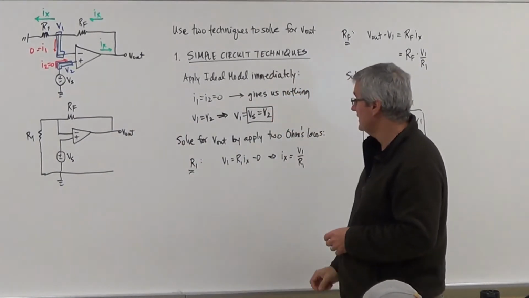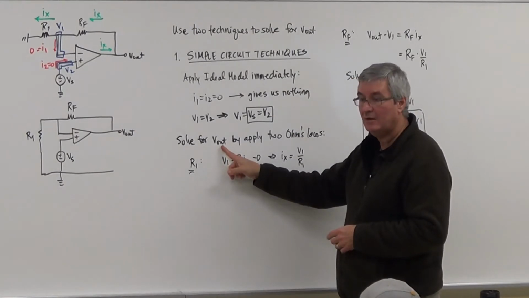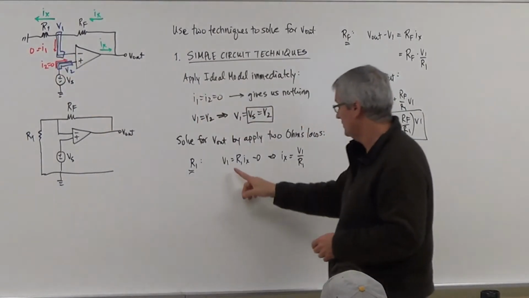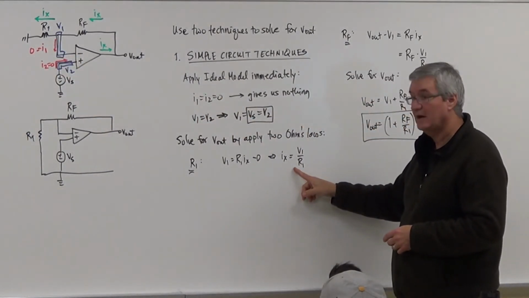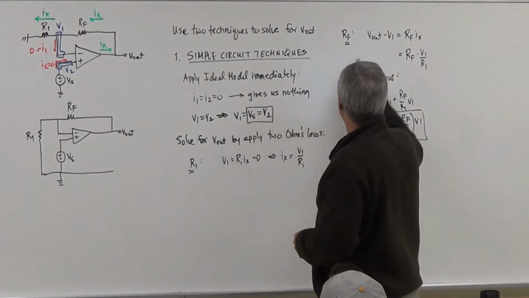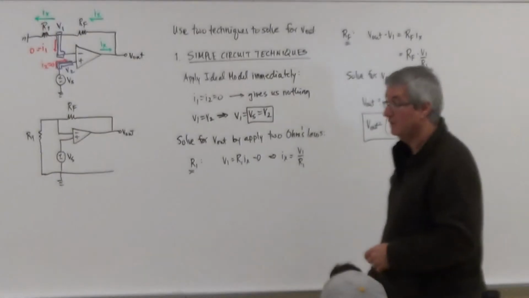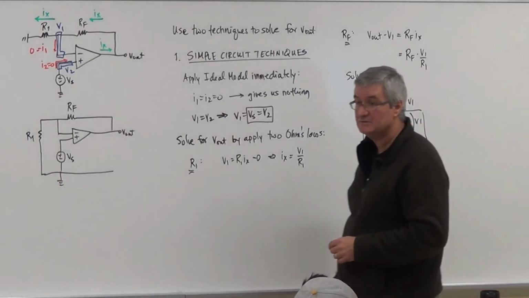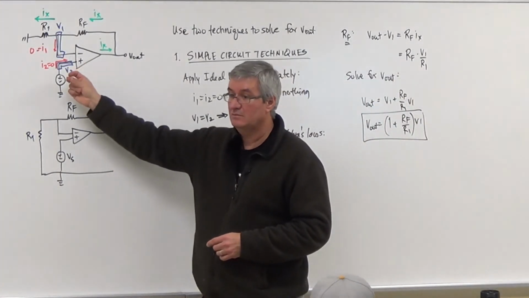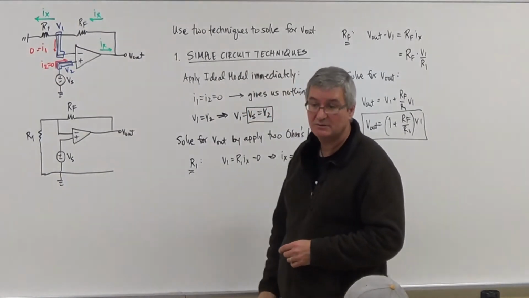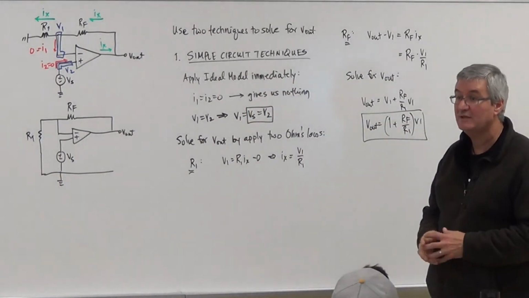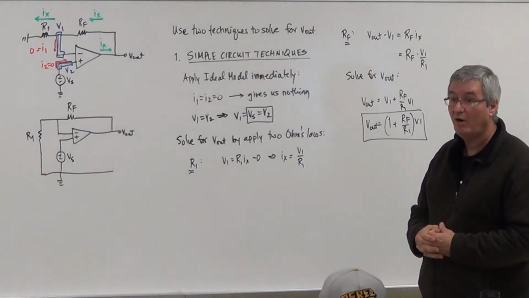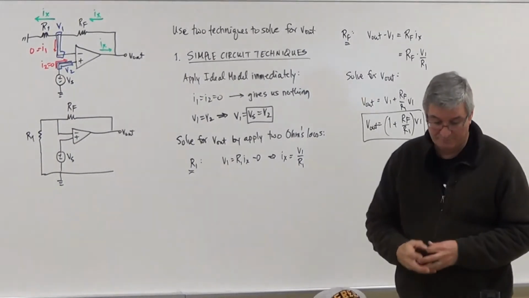That being the case, I solved for V out by using two Ohm's laws. I applied Ohm's law at R1, V1 gives me this Ix, and then I applied Ohm's law to this one here. I spent a fair amount of time writing this out, but with a little bit of practice, I bet you could go almost that fast, a little bit slower than that, but almost. These simple circuit techniques that we're using here are always far superior in general.